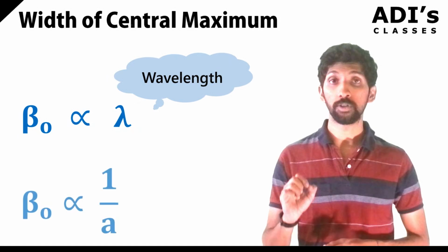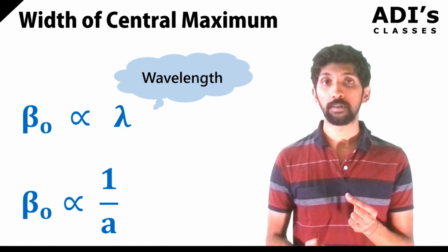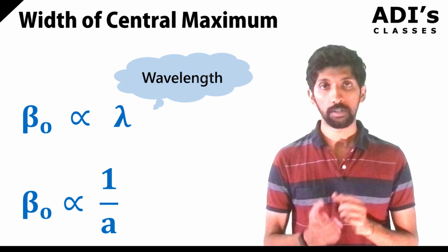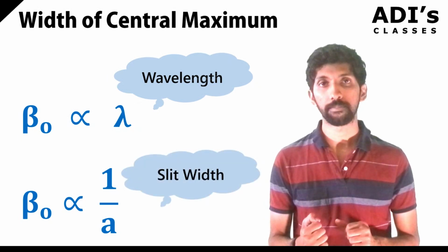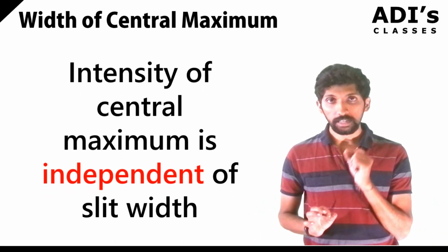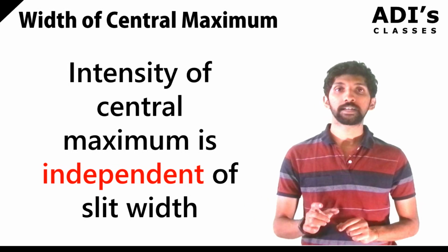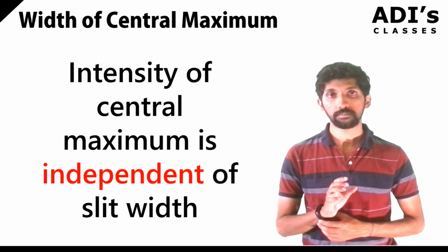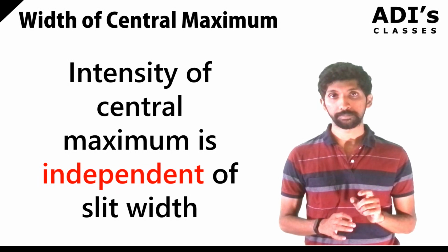So if you choose a very big slit width, then the central maximum will keep on reducing, or if the slit width is very narrow, then the central maximum is very wide, correct? But one important point is that the intensity of the central maximum is independent of the slit width. We are talking about the intensity of the central maximum.